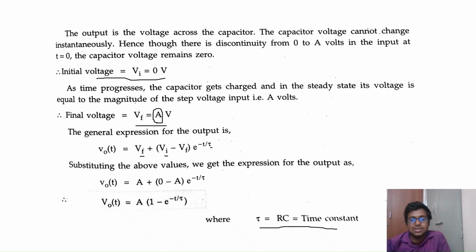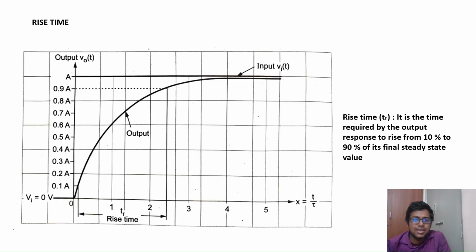So the value of tau is nothing but RC. Substituting the final value as A and initial value as 0, we end up with this expression, and 0 minus A is nothing but minus A. Taking A as common from these two terms, you'll have A into 1 minus e power minus t by tau. This is the output expression for the response of a low pass RC circuit to a step signal.